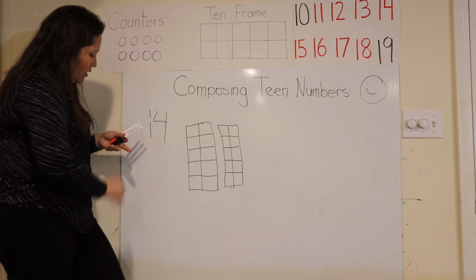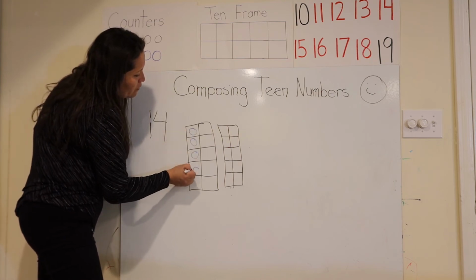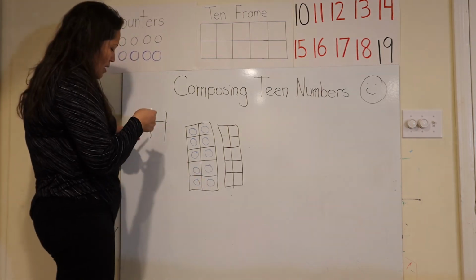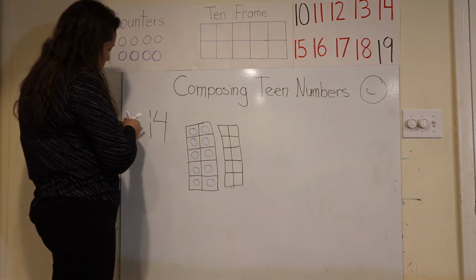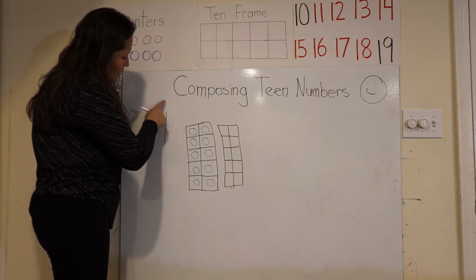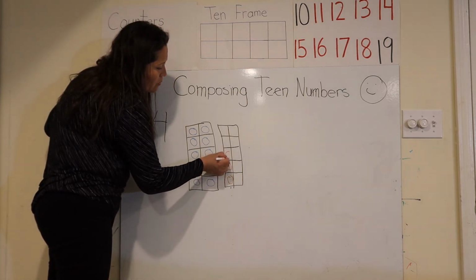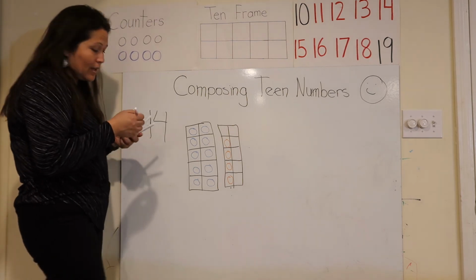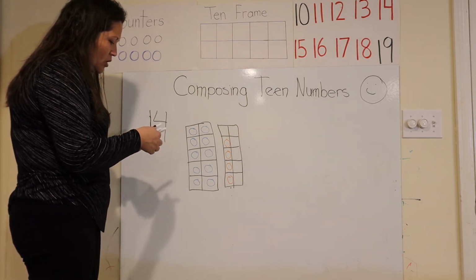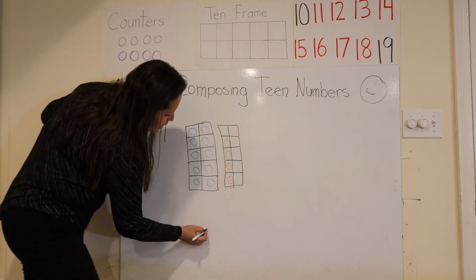So I'm going to do the same thing. Watch. 1, 2, 3, 4, 5, 6, 7, 8, 9, 10. 10, and this is a 4. So 1, 2, 3, 4. That's the same way. They just wanted to trick you and they put the frames in that position, right? Same thing, when you do your equation, you're going to write it like this.